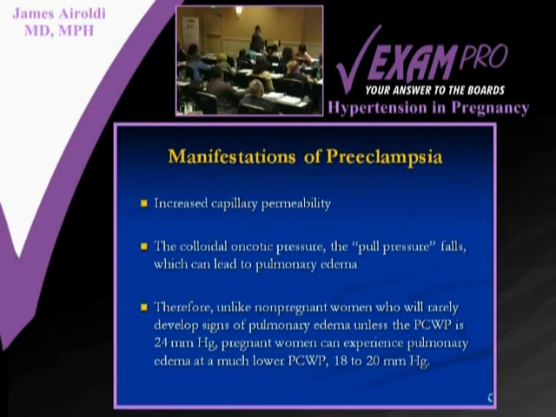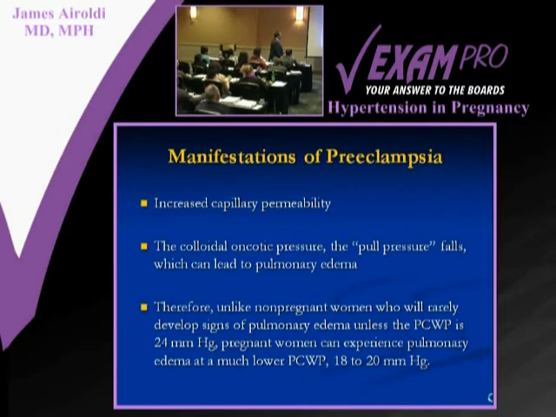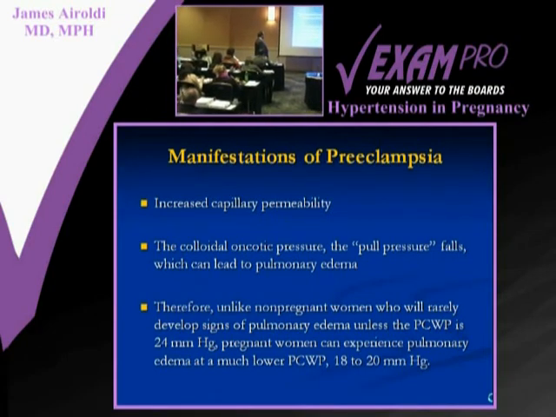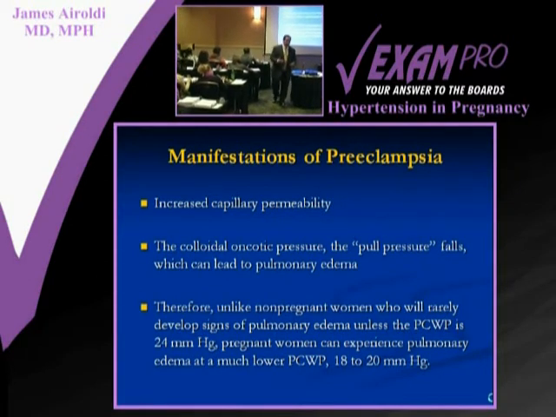There's increased permeability in your capillaries, which leads to pulmonary edema, and they can experience pulmonary edema at much lower wedge pressures than other women, and that's this increase in your permeability, and they have lower oncotic pressure.